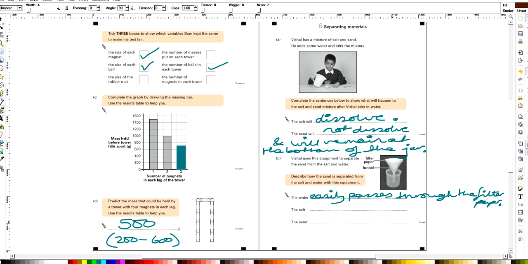What about the salt? The salt also passes through the filter paper with the water. Yes? Salt easily passes through with the water.